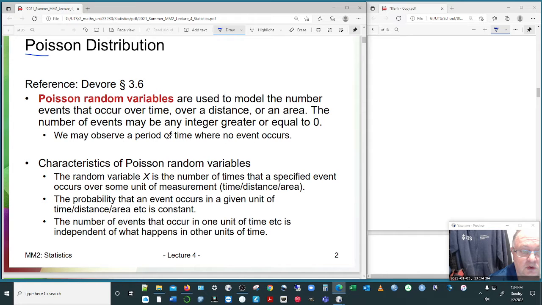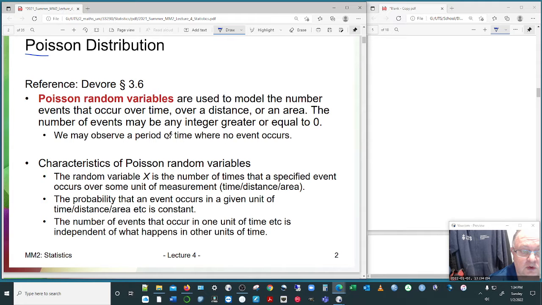So Poisson random variables are used to model the number of events that occur over time, or over a distance or an area. So there's our discrete idea of counting. Maybe any integer greater than or equal to 0. We may observe a period of time where no events occur.